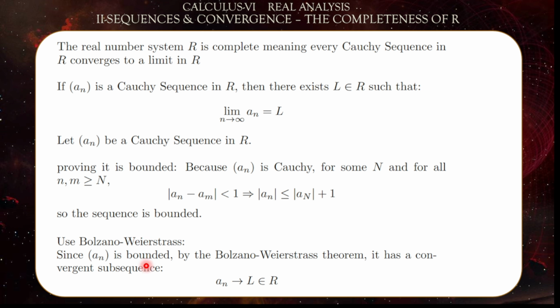Since a_n is bounded, by the Bolzano-Weierstrass theorem it has a convergent subsequence, so a_nk approaches L within R. To clarify this line, it means that as n becomes much larger, a_n has an upper bound a_N plus 1. So a_n for all other values of n remains less than or equal to a_N plus 1. In other words, it has an upper limit.